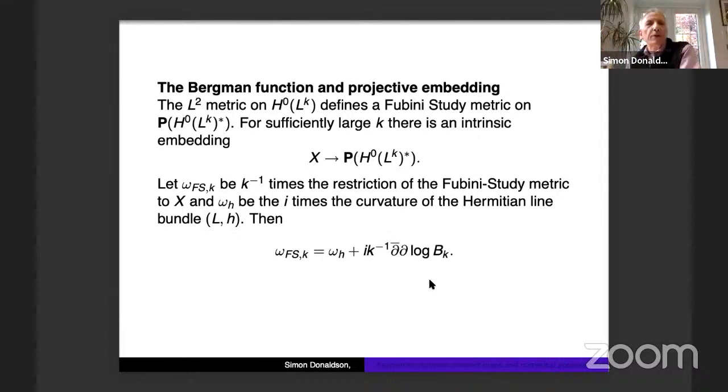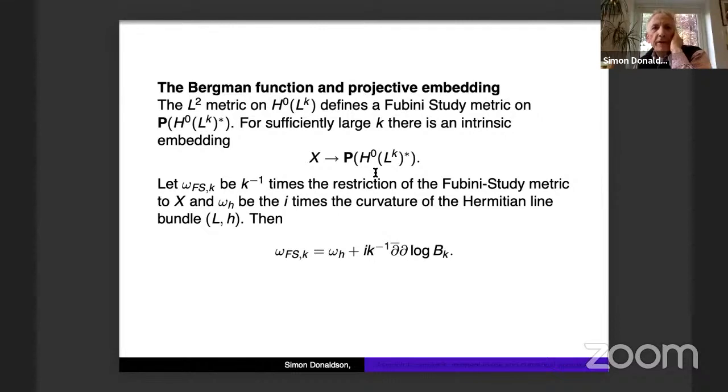So what does this have to do with projective embeddings? Again, taking k sufficiently large, we can suppose that X is embedded in the projective space, the projectivization of the dual of the space of sections, by this intrinsic embedding.